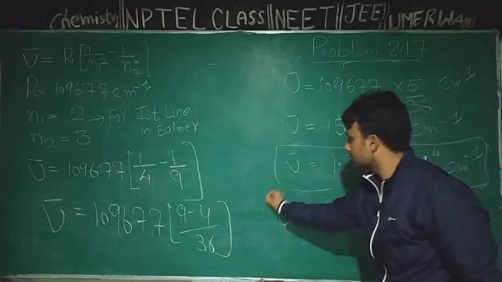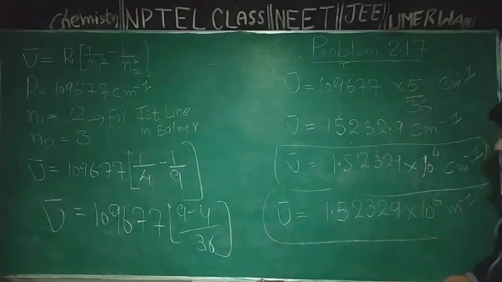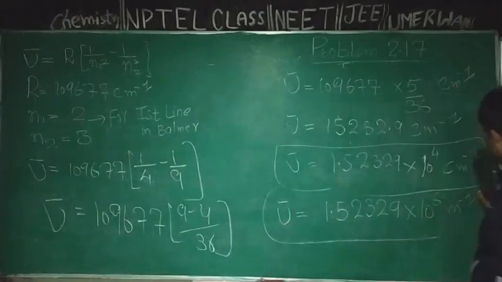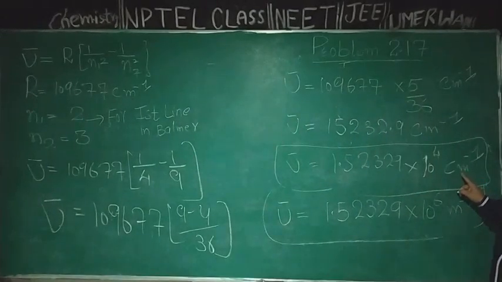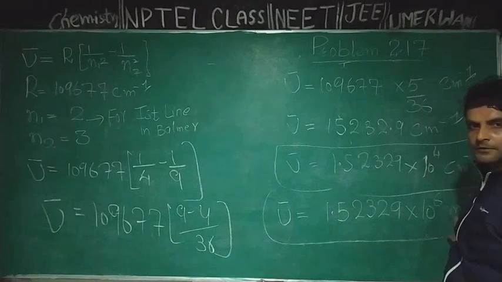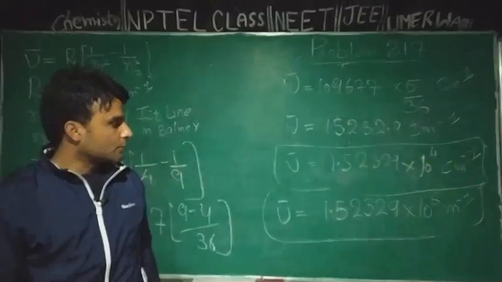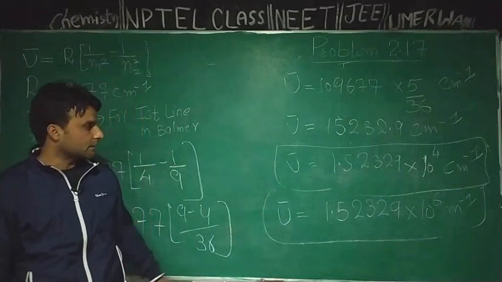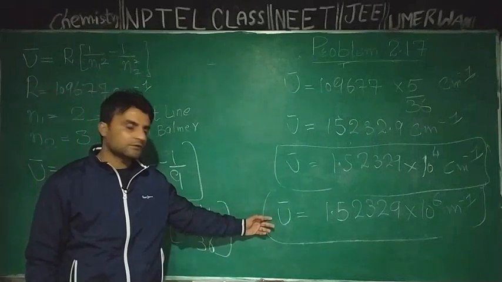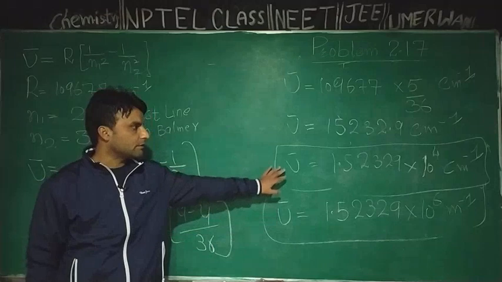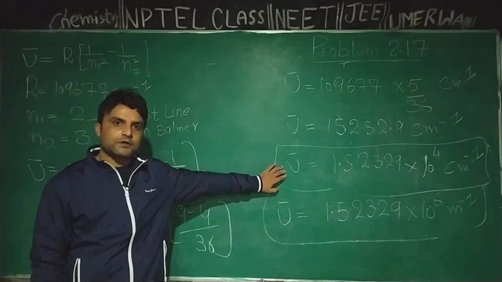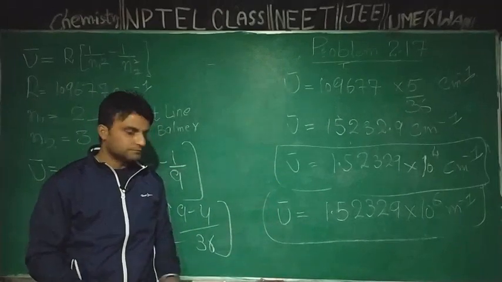This is the answer in meter inverse, and the other is the answer in centimeter inverse. Both are correct, but the more standard form of writing an answer is in SI unit, which is meter inverse, though wave numbers are usually written in centimeter inverse.